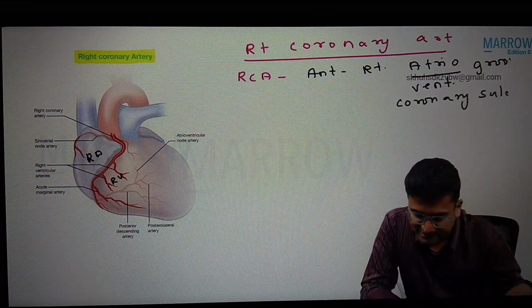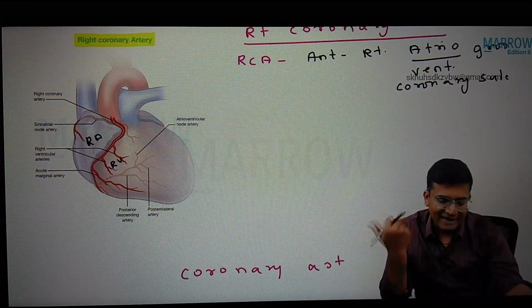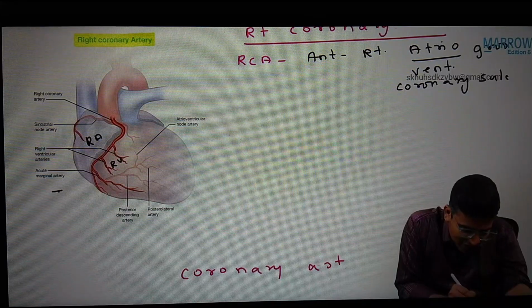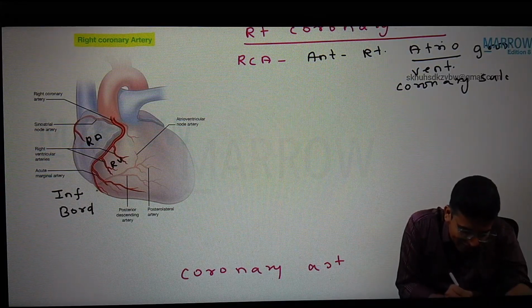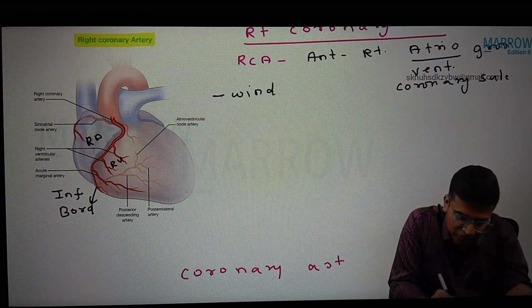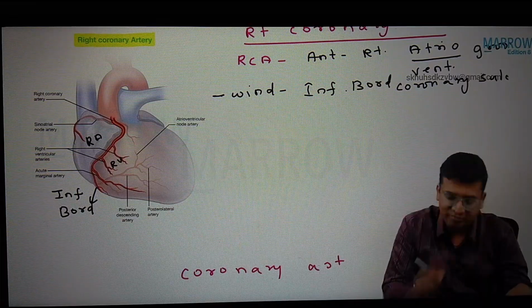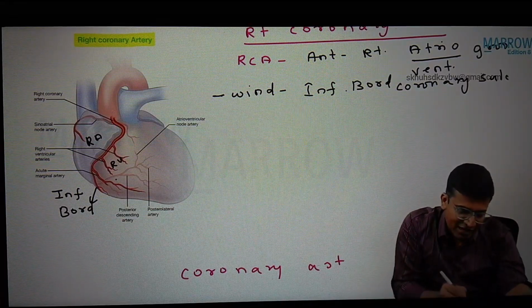Next, after passing in the right anterior coronary sulcus, the right coronary artery winds around the inferior border of the heart. This is the inferior border of the heart. So the right coronary artery winds around the inferior border of the heart.